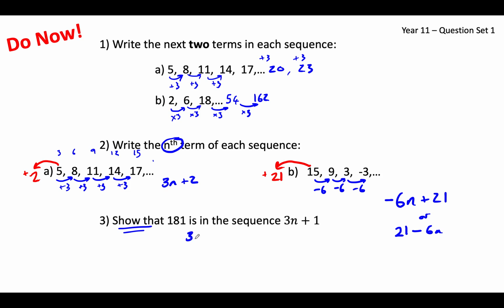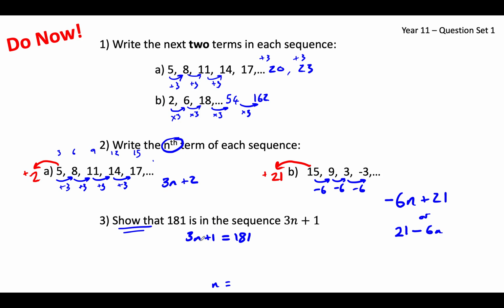But what we can say is if 181 is in this sequence, then 3n plus 1 will equal 181 at some point. So if I write that down as an equation and then solve it to find out what the value of n is, if it's a whole number, then it's in the sequence. In fact, that tells me what term it would be.